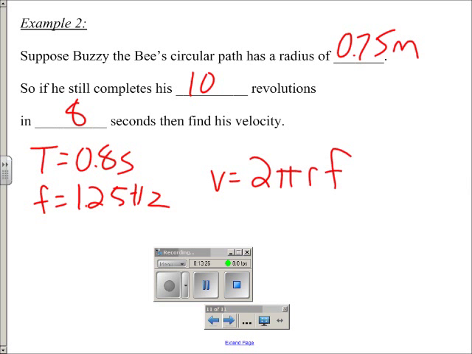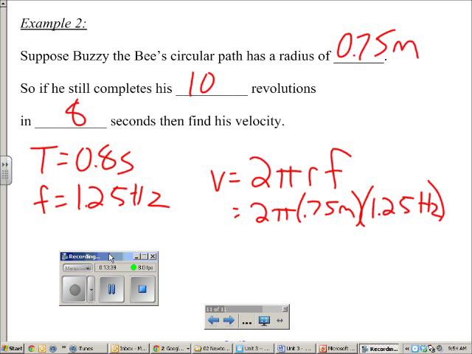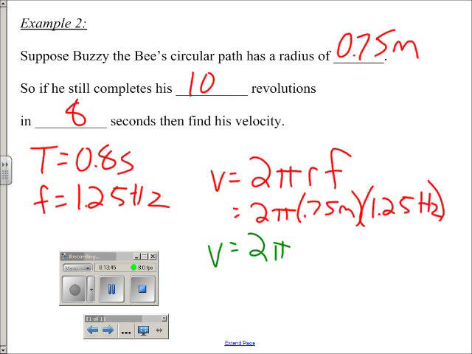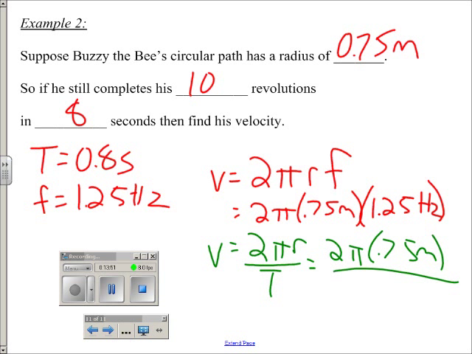you can either do this, which would give you 2 times pi times 0.75 meters times 1.25 hertz. Or if you want, you can do this, which gives you 2 times pi times 0.75 meters over 0.8 seconds.